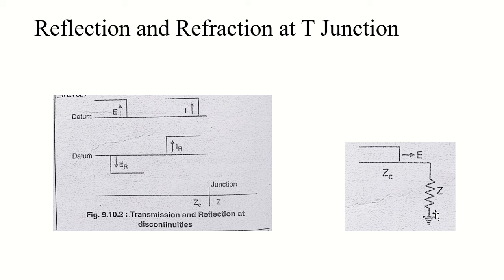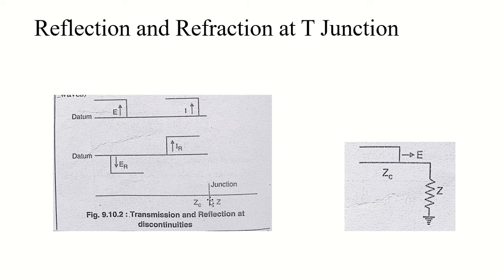Okay, and notice here I'm not saying reflected, I'm saying refracted. Okay, they are refracted waves. So here you can see E and I, whereas in datum you can see ER and IR. And the junction ZC will remain as it is.